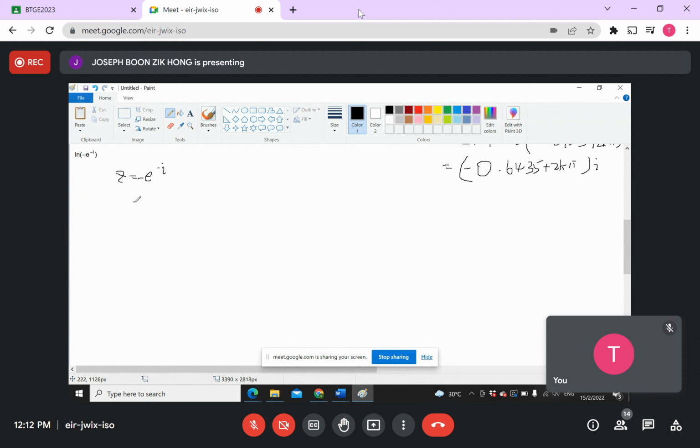This means this one is negative of cos 1, because cos negative 1 is the same as cos 1, okay, plus i sine 1.